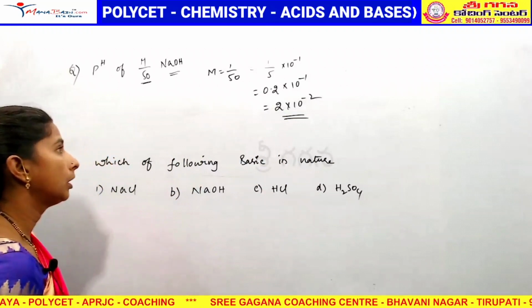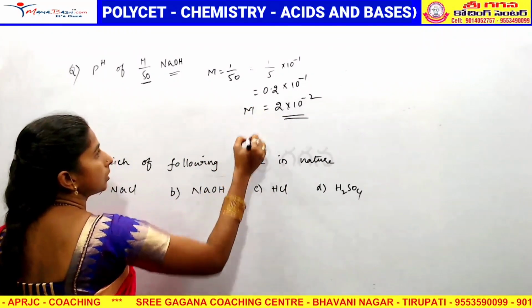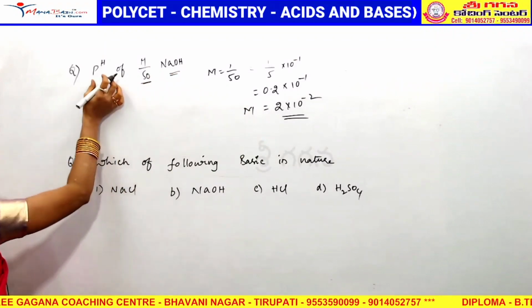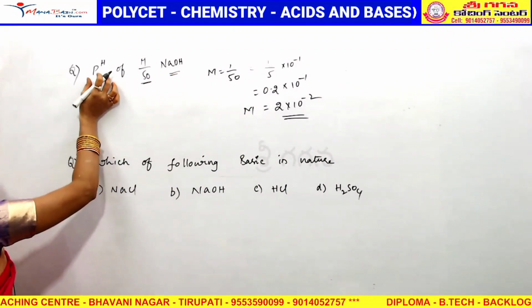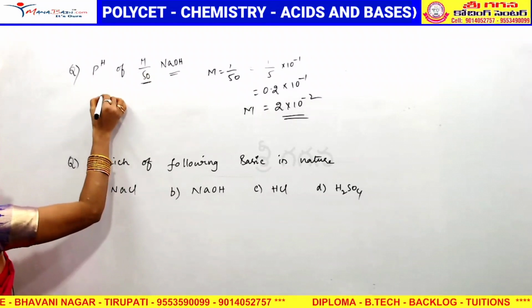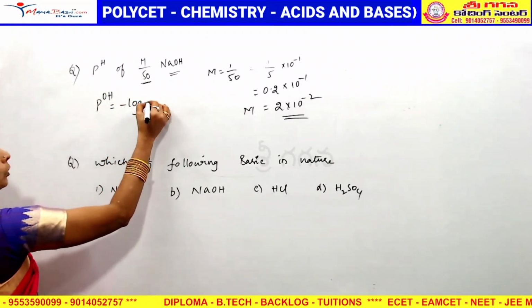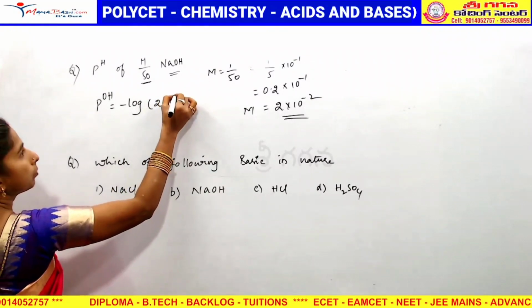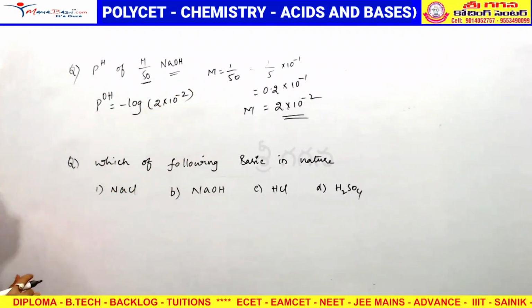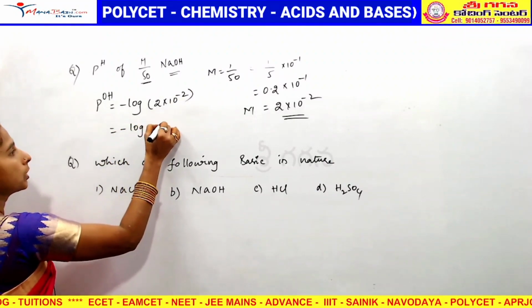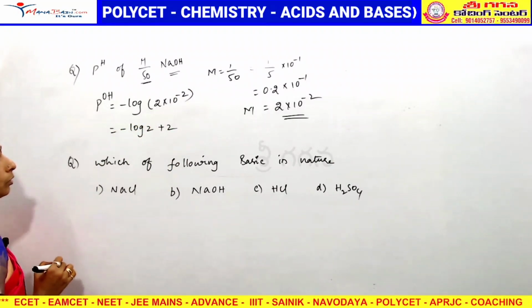This is the molarity of the NaOH solution. Hereafter we know how to do this. We cannot find the pH for a base directly. So pOH is equal to minus log 2 into 10 power minus 2, so minus log 2 plus 2.